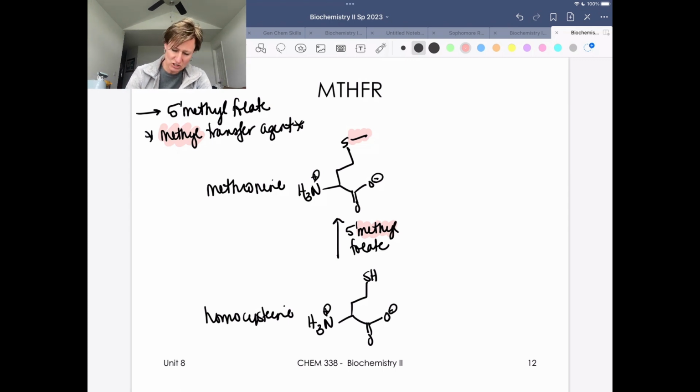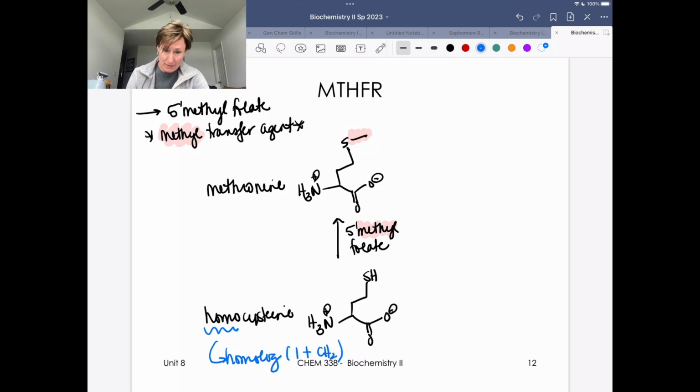So this is homocysteine, and there's a little bit of interesting nomenclature to think about here. It is called homocysteine because it is a homolog of cysteine. It basically has one additional CH2 group compared to cysteine. If we were to draw the amino acid cysteine, it would be missing this group.